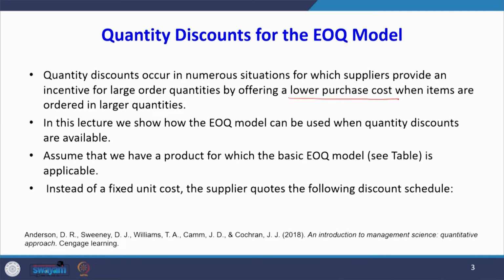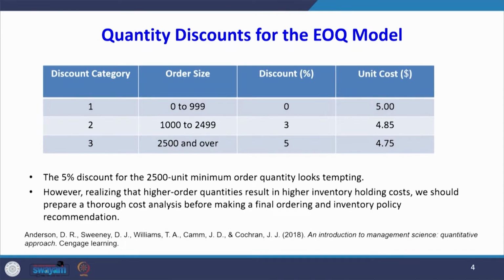Assume that we have a product for which the basic EOQ model is applicable. I will show you the table. Instead of a fixed unit cost, the supplier quotes the following discount schedule. This table shows discount category 1, 2, 3, order size, discount percentage and unit cost in dollars.